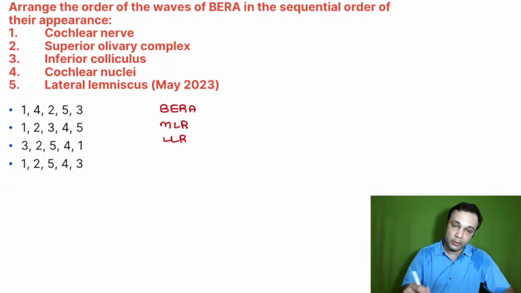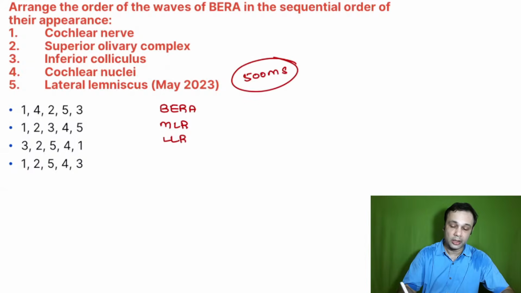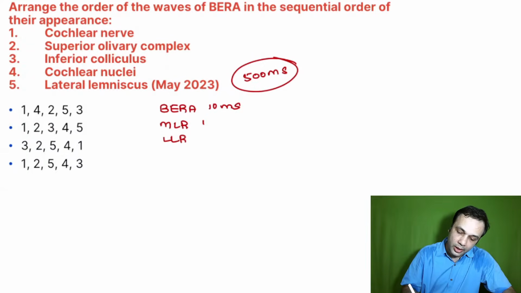So when you talk about BERA, up to 500 milliseconds you can measure, right? BERA is in the initial 10 milliseconds. Middle latency response is between 10 and 50 milliseconds, and the late latency response goes on from 50 milliseconds all the way to 500 milliseconds.